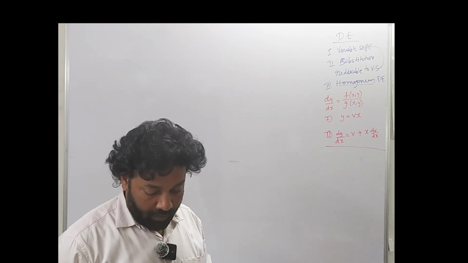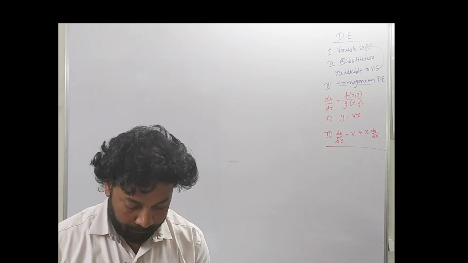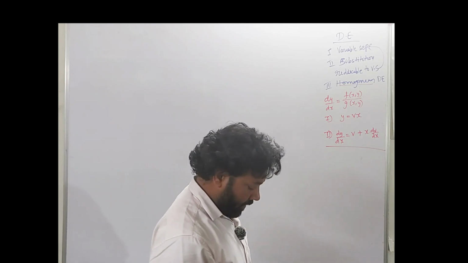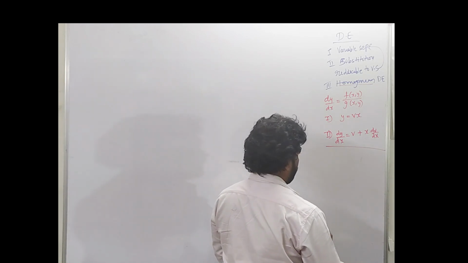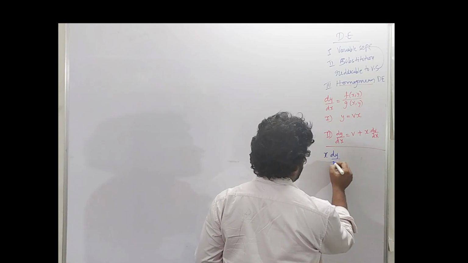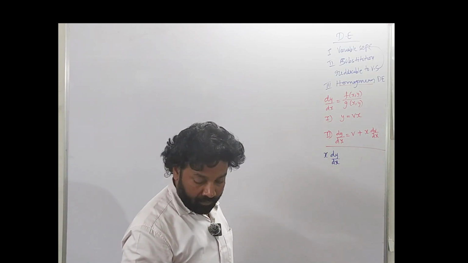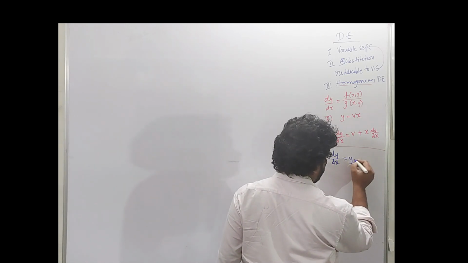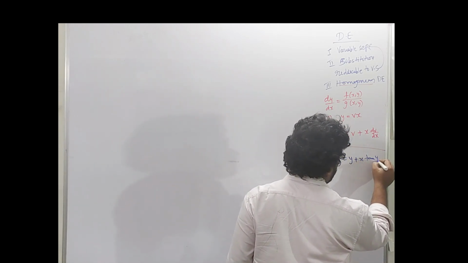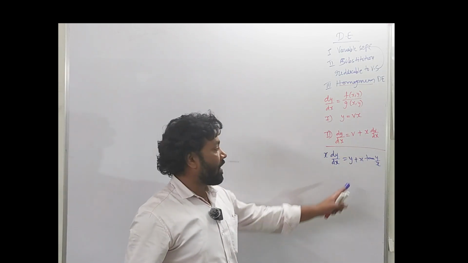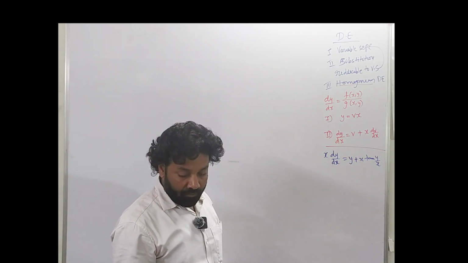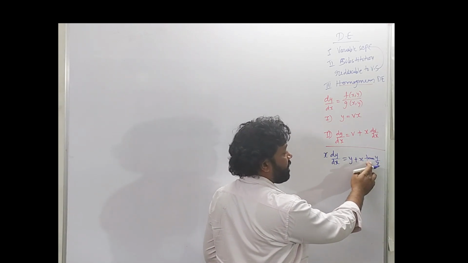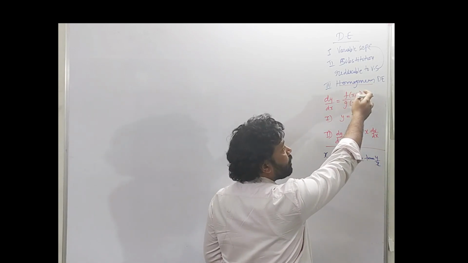So the first question which I have is x dy by dx equals y plus x tan(y/x). So here you can clearly see, since tan(y/x), this trigonometrical function, is of this type.